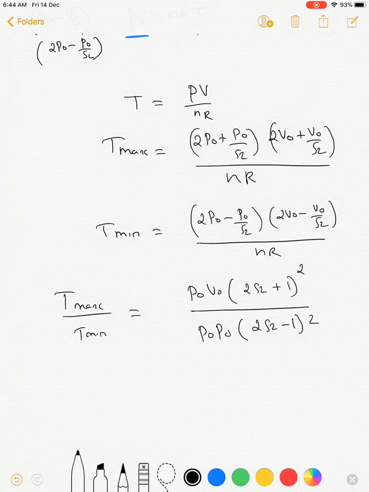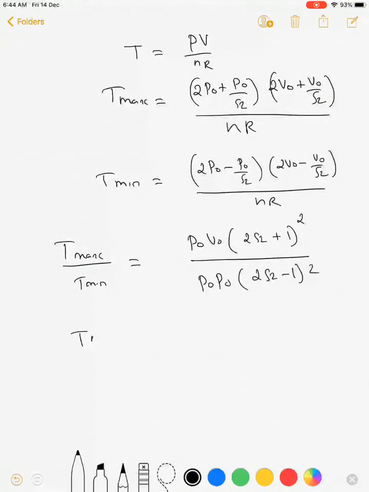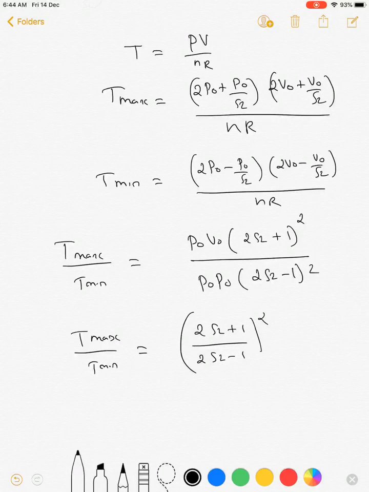So the final answer is that T max divided by T minimum is equal to 2 root 2 plus 1 divided by 2 root 2 minus 1, the whole square.